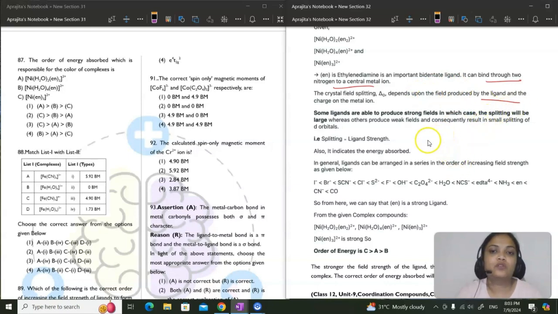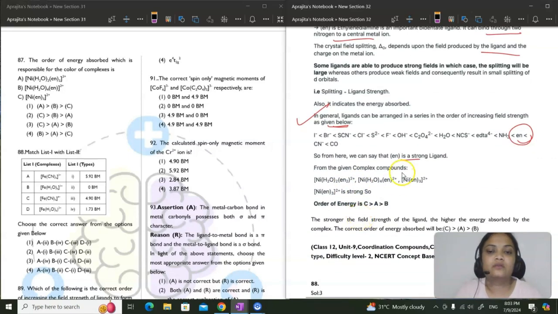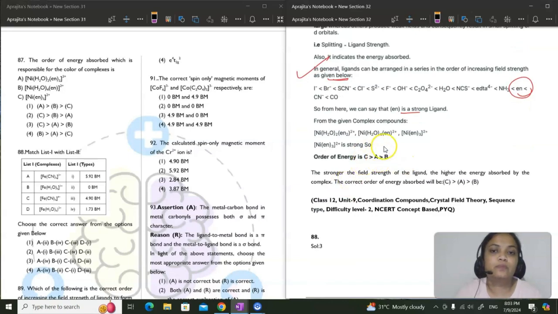If you want to look at the strength of the ligand, you can see the spectrochemical series. You know ethylene diamine is a strong field ligand. The order of the energy will be C, then A, then B, meaning ethylene diamine, because here there are 3 ligands attached now.